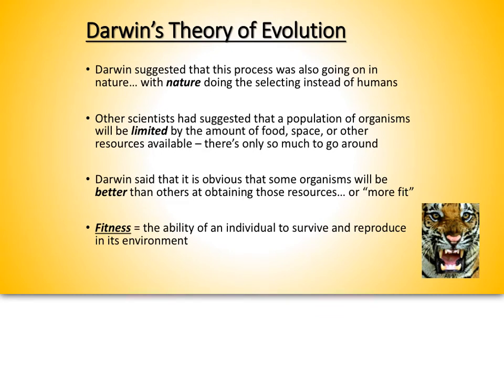Now, Darwin suggested that this same process happens in nature, except there's no human there or anybody else to choose who mates with whom. It's just about nature selecting who gets to mate and who doesn't. Now, this can even apply to the animals we've already talked about. If a horse is faster or a dog is faster, they can get away from their predators, or in the case of a dog, maybe they can hunt down their prey.